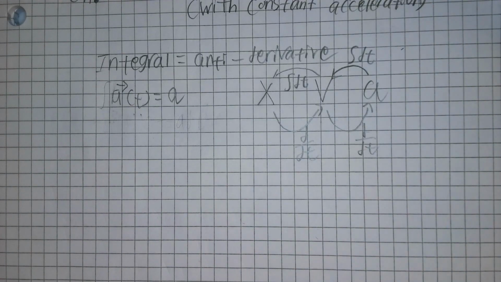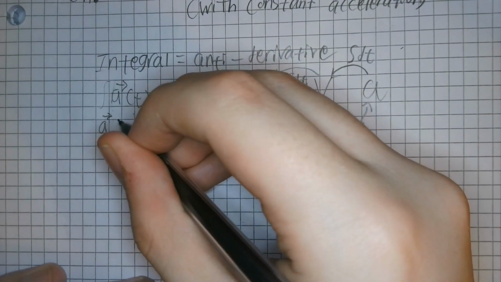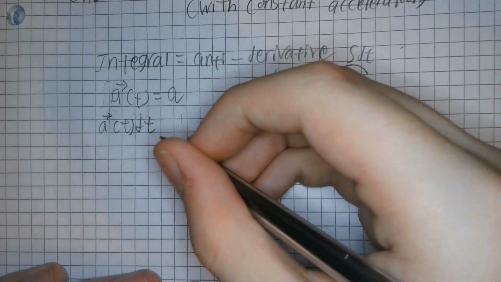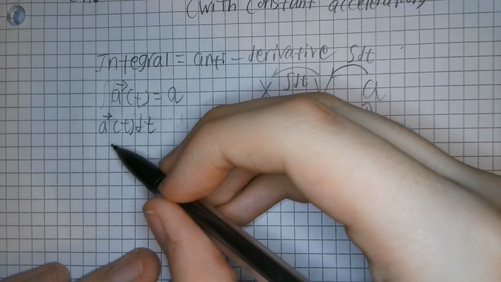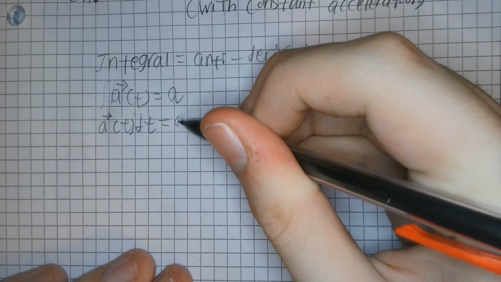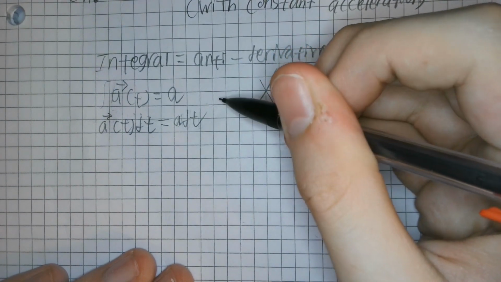Okay, so now I'm going to multiply either side of this equation by dt. And what we find is that the acceleration as a function of time, dt, equals the acceleration magnitude dt. Okay?